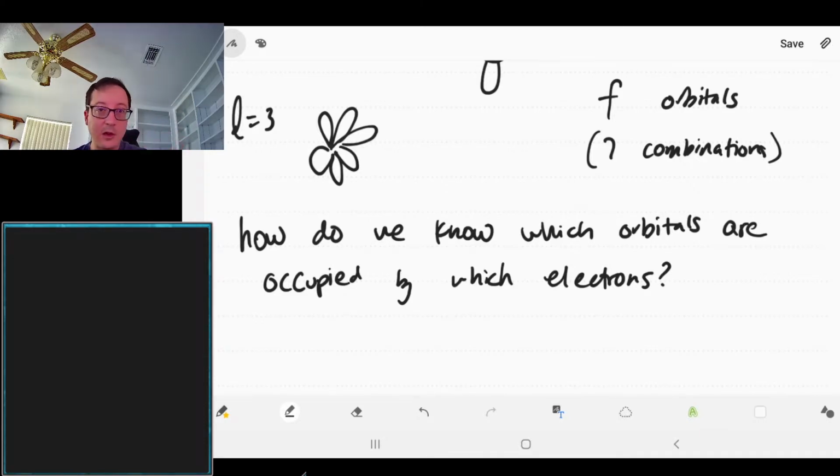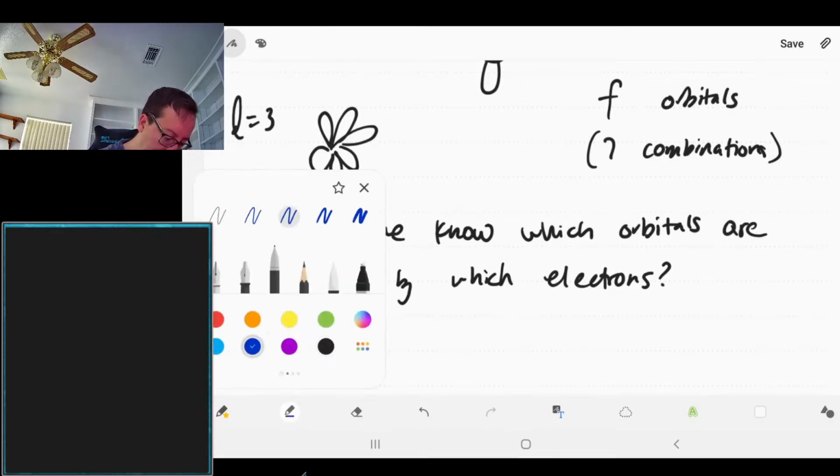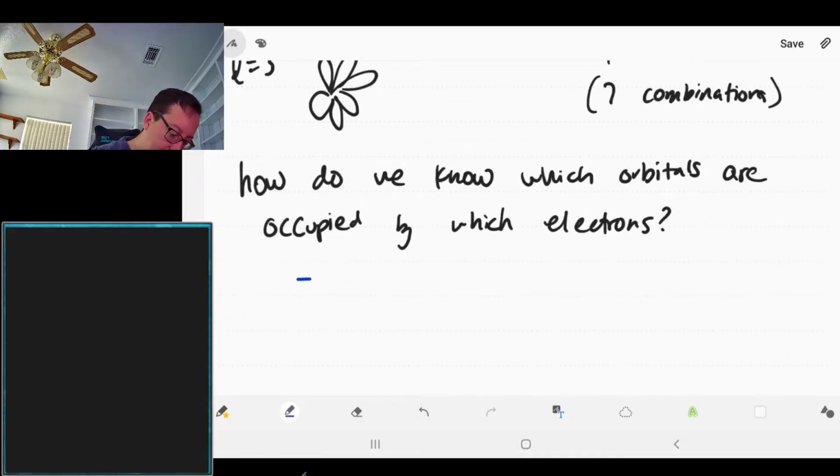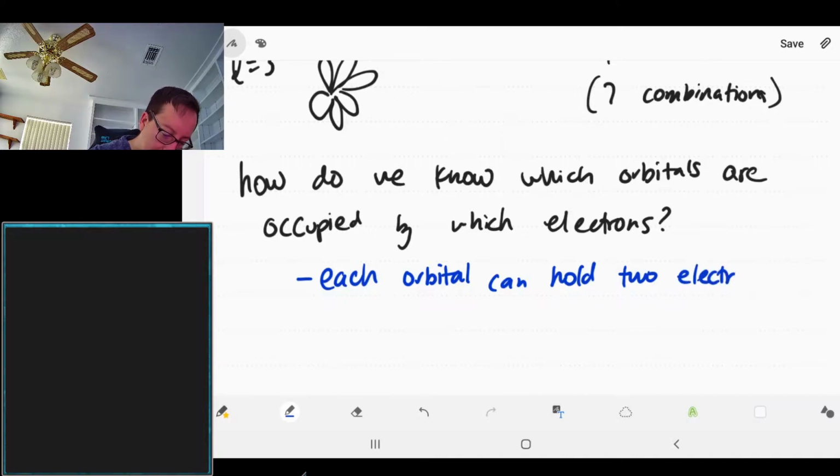As we go into this, there's a couple of things we're going to need to accept before we can start talking about this. The first one is that each orbital can hold 2 electrons.